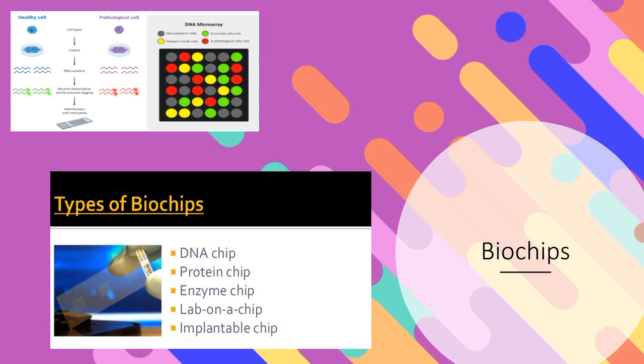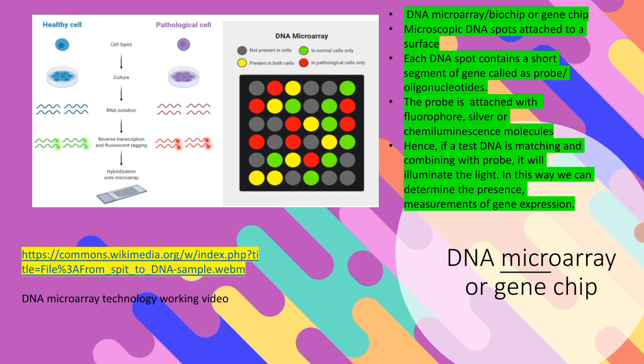In the last class I discussed the DNA microarray, which can also be called the gene chip. So we will first revise that one. The DNA microarray or the gene chip is the most used and most convenient chip for genetic or molecular biology experiments in the biotechnology field, in the molecular genetic fields.